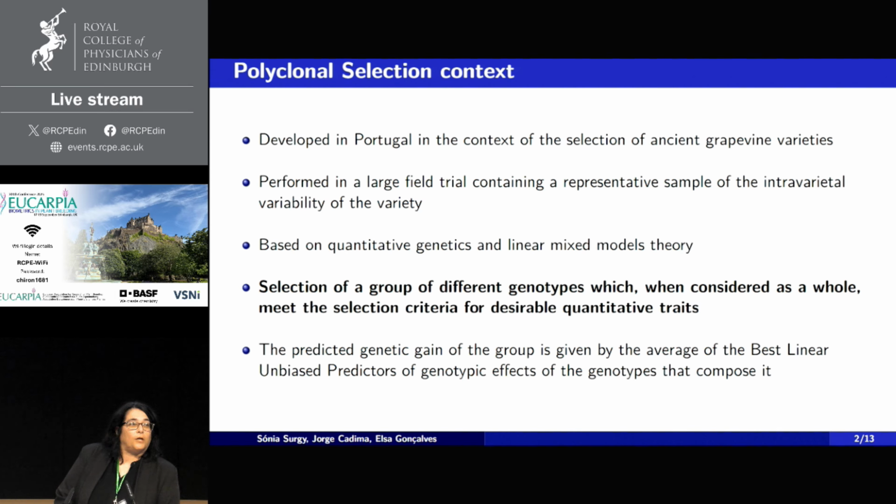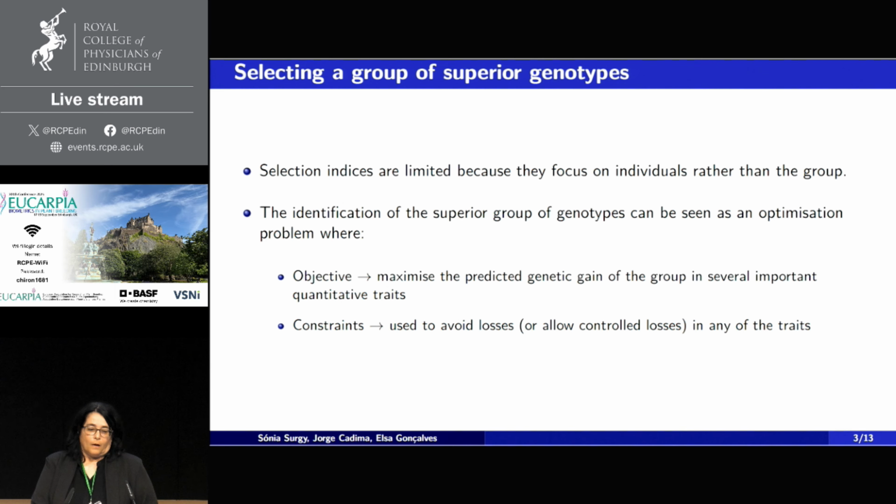So the predicted genetic gain of this group is calculated as the average of the predictors of genotypic effects of the genotypes that compose that group. Our problem was to find a way to maximize the genetic gains of the group. Selection indices were not ideal because they focused on the individual gains rather than the group gains.